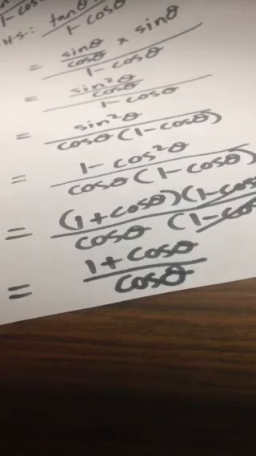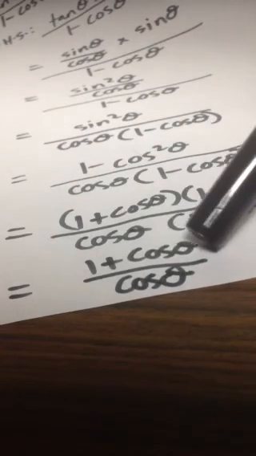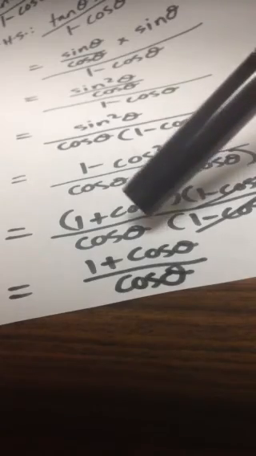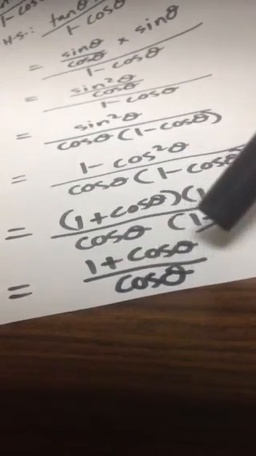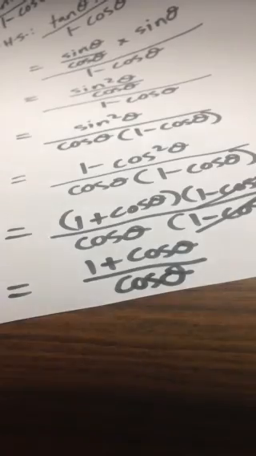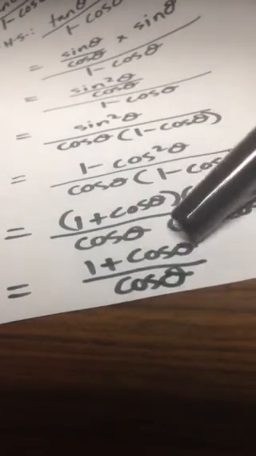What I'm going to do now is split this single fraction into two separate fractions because they have a common denominator of cos theta. So I can rewrite 1 plus cos theta over cos theta as 1 over cos theta plus cos theta over cos theta, and I'm going to do that now.